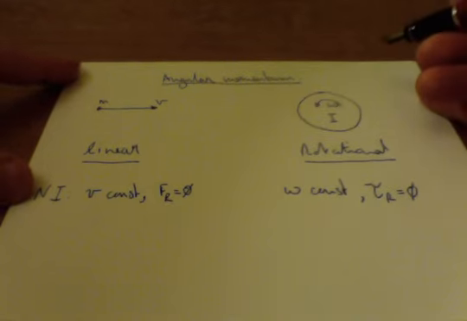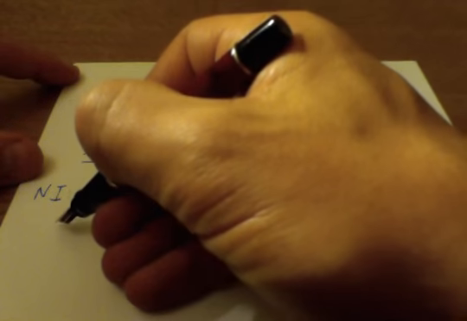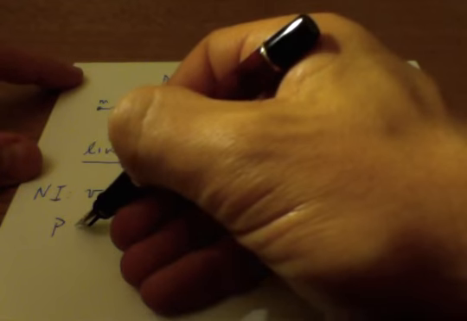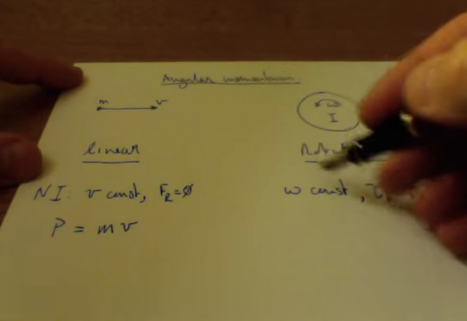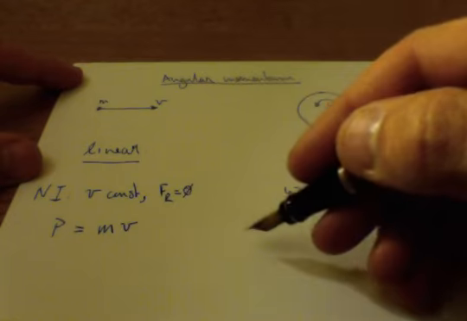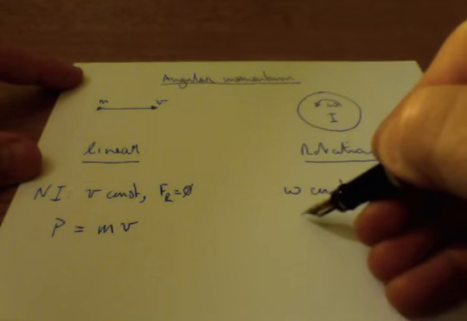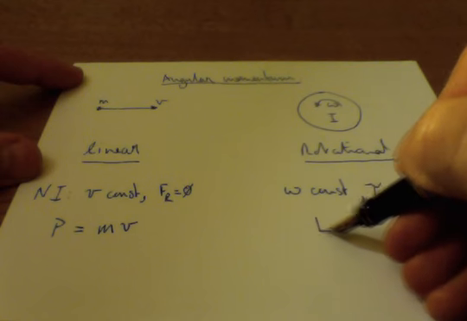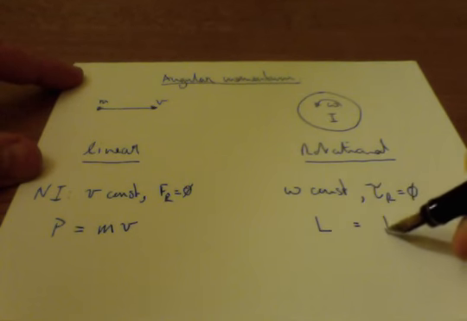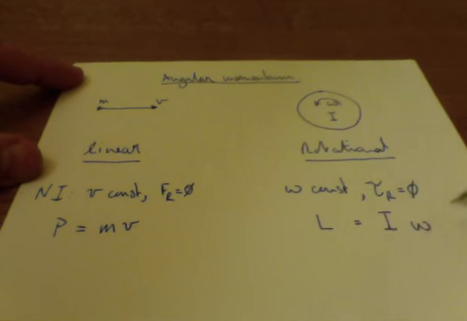Good, okay, and if you remember Newton's big idea, his big idea was momentum. He didn't start with concepts of force, he started with the concept of momentum. So momentum in this case is mass times velocity. And the equivalent rotational momentum, or angular momentum, is given the symbol L, and is equal to the moment of inertia multiplied by the angular speed.